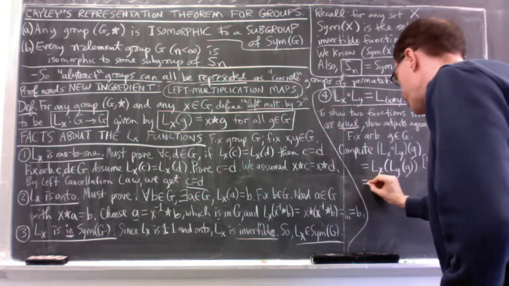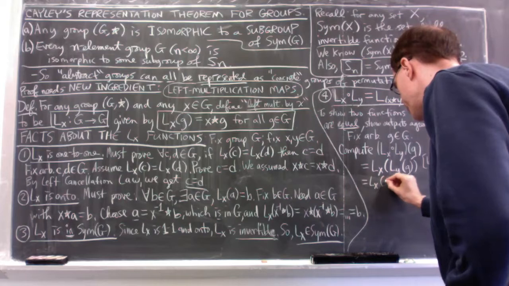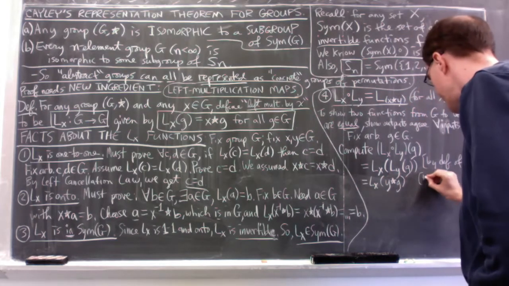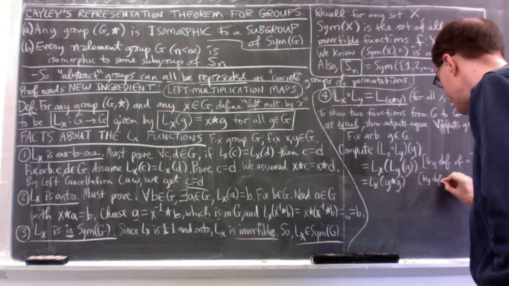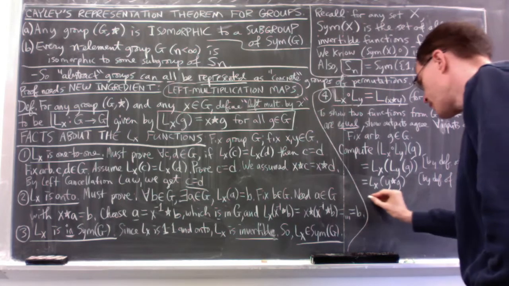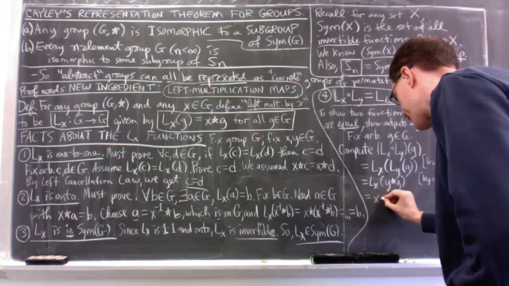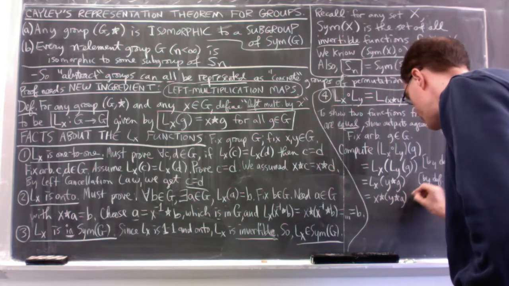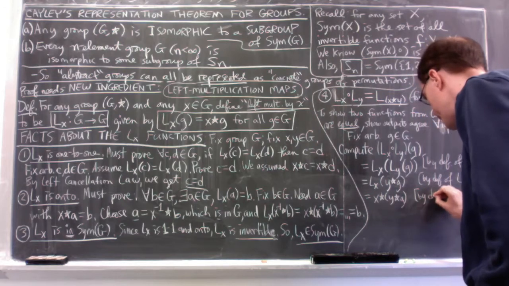And what's L sub y of g? That's y star g, by definition of L sub y. And then L sub x is going to take that expression and multiply on the left by x. That's the definition of L sub x.